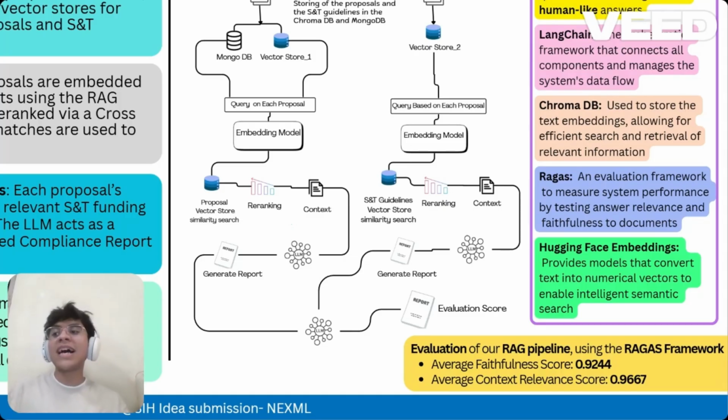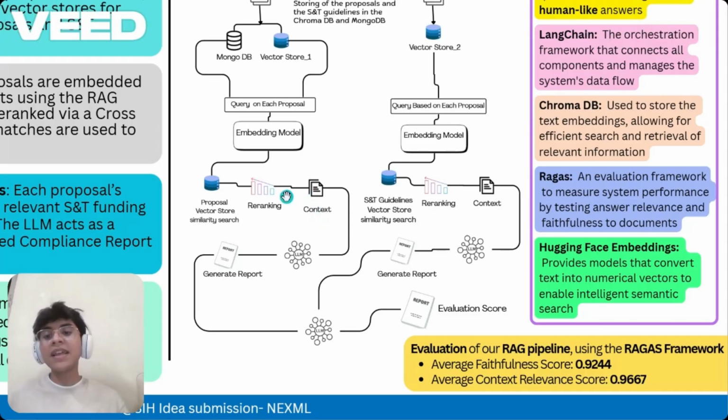In order for that scenario not to occur, where the top one with a less similar score might get infused in the context while the bottom one, which is very contextual and very similar, might not get involved because of the initial ranking, we re-rank it. So there's one check which ranks it and another check which re-ranks it, so that we get the best context, which we infuse with our original proposal and then send to the LLM to generate a report.